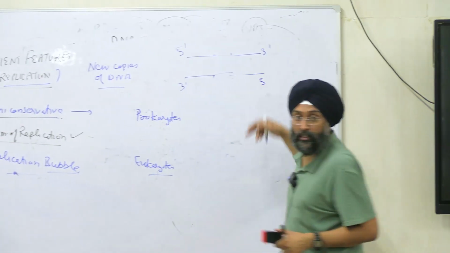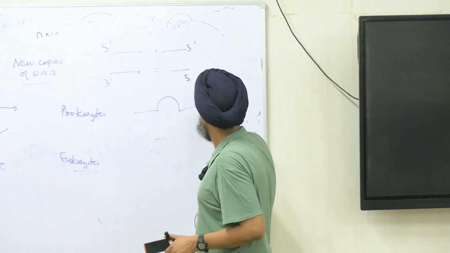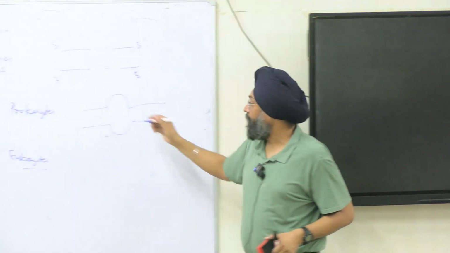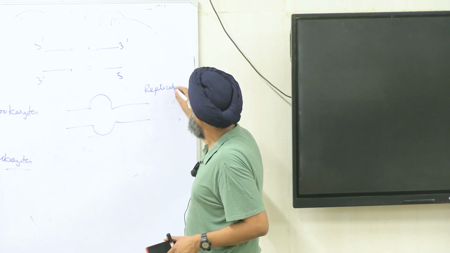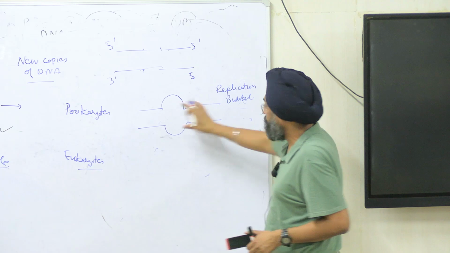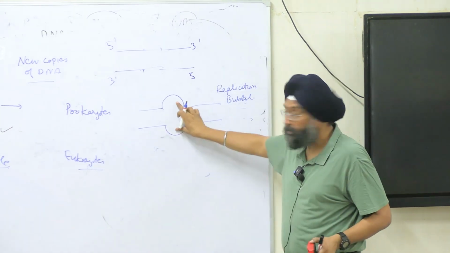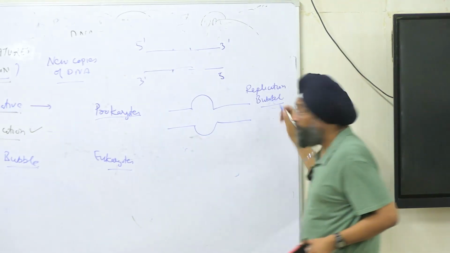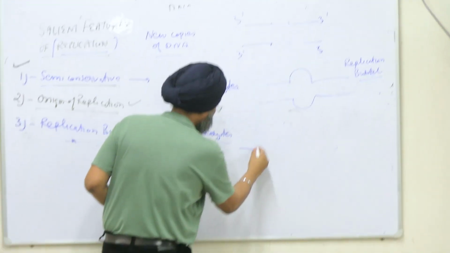This is the normal two strands of DNA. In the case of prokaryotes, a single replication bubble is formed. It is like a bubble: when the two strands separate, it forms a bubble. And in the case of eukaryotes, what happens?